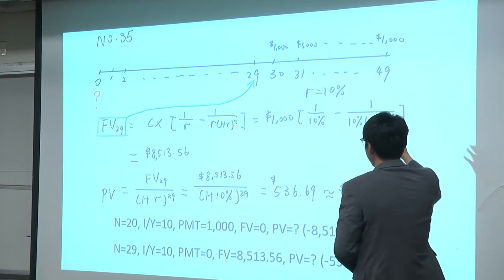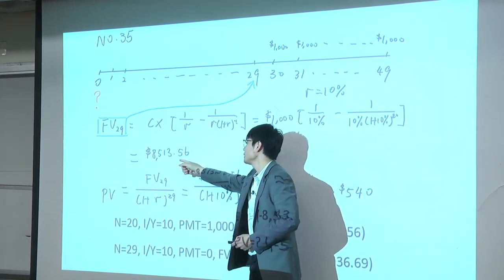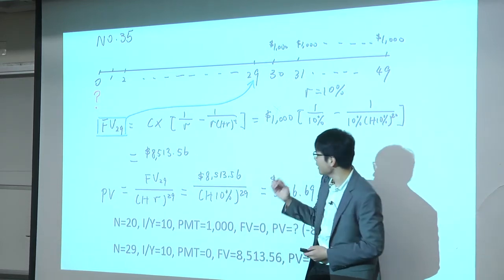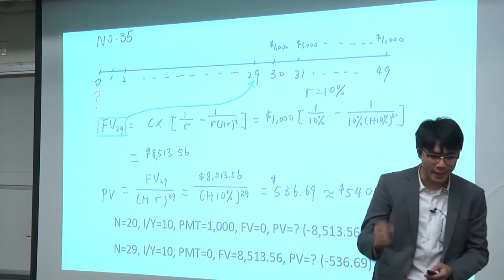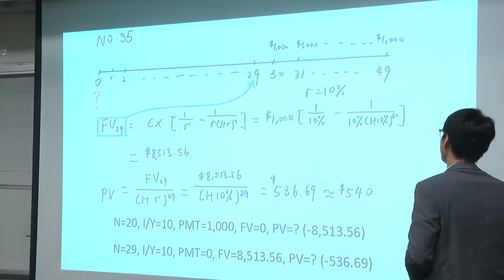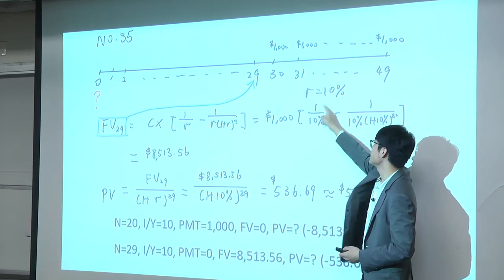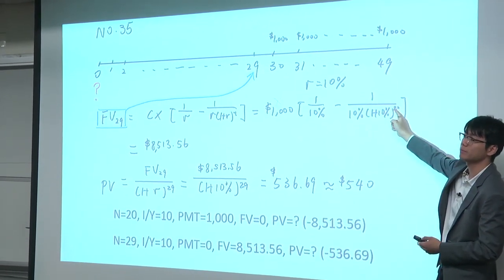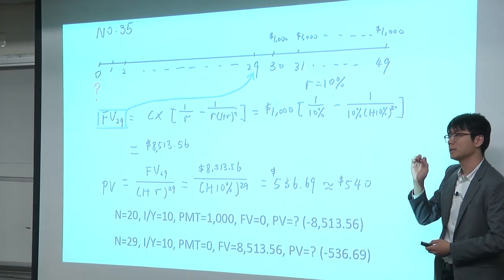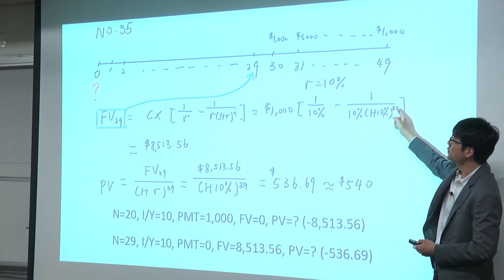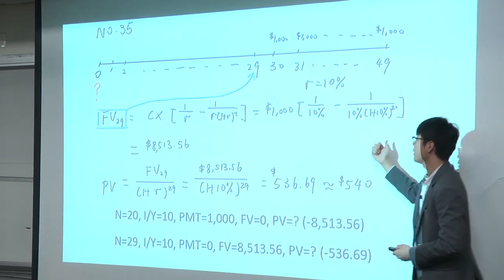You can still use this equation to calculate something of $8,513.56. I'm still plugging in 1,000 every year, 10% interest rate, and 20 periods of payments. But remember, either use this equation or the perpetuity equation.